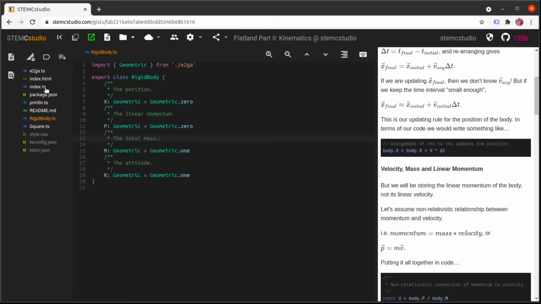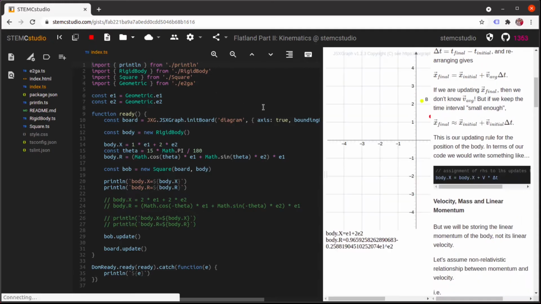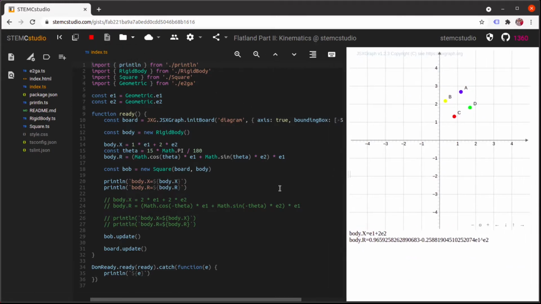So now let's go to our mainline function. We're going to hide the documentation from now on. And let's just set ourselves up so that the body is initially, say, at the origin, which is kind of the default anyway. And then the initial angle is going to be 0.